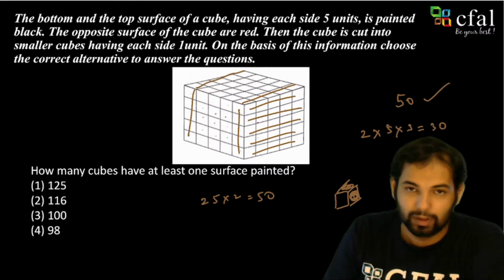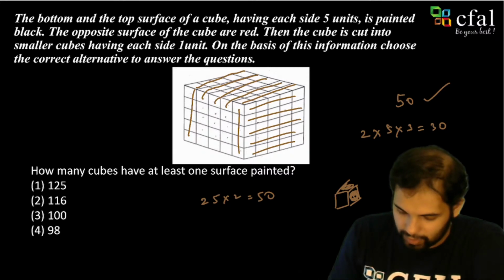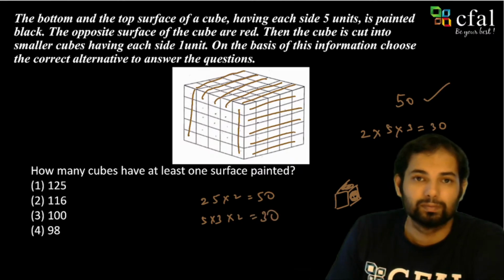Okay. Similarly, now I am talking about this, what we have already calculated. So it is what? 5 into 3, right? Into 2. So it's 15 into 2, which is 30. Is it fine? Okay.